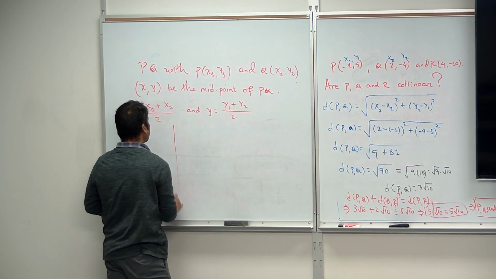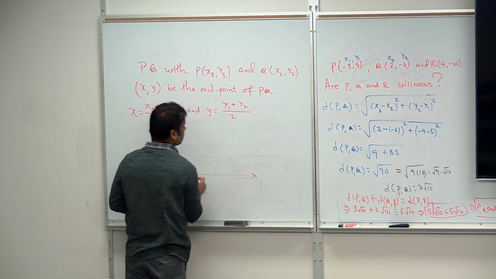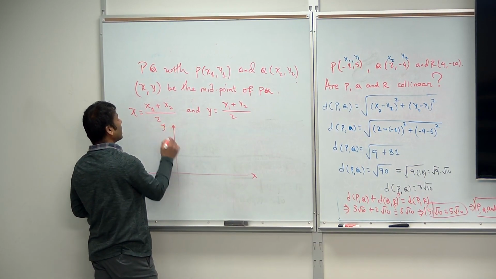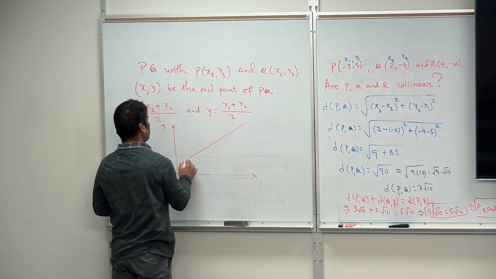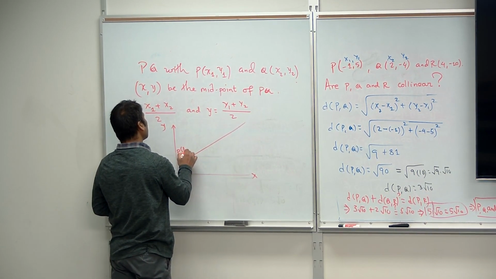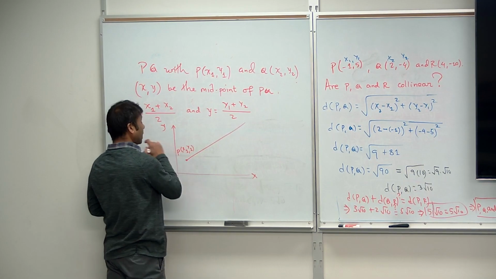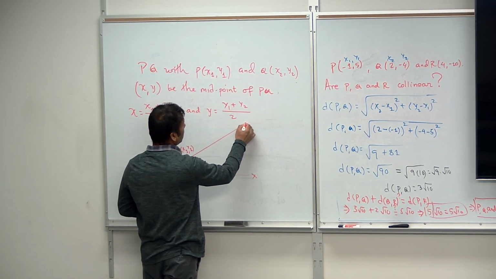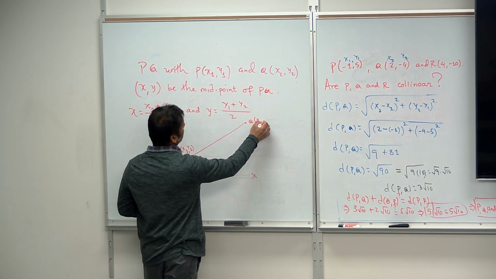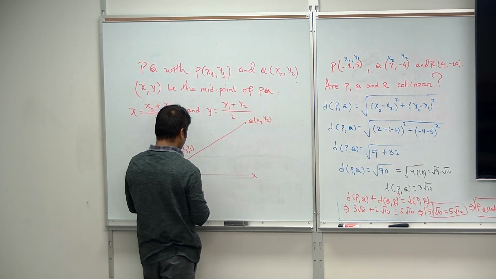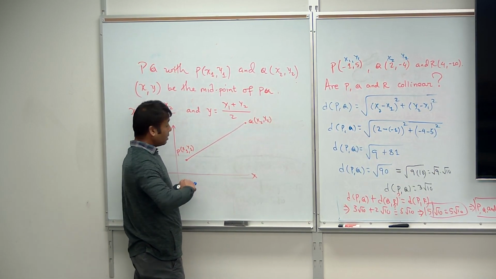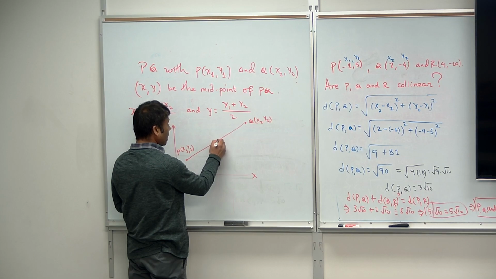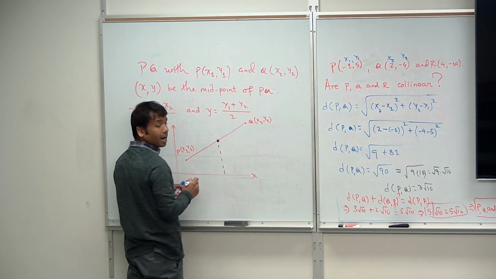So this is something like this. You have this is your x-axis, this is your y-axis, you have a point P here, this is (x1, y1), and you have a point Q here, this is (x2, y2), and you have the midpoint right here. This is the midpoint, right?